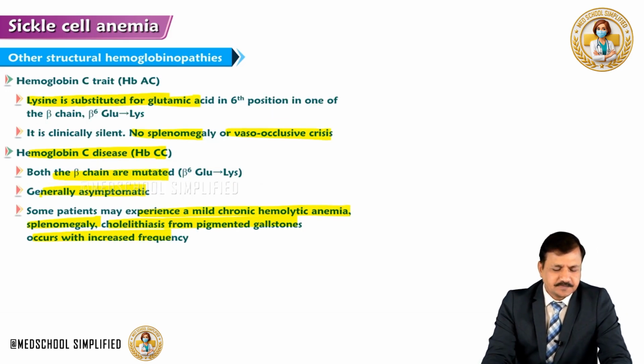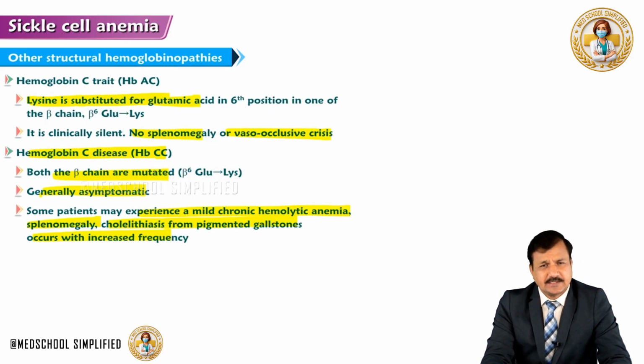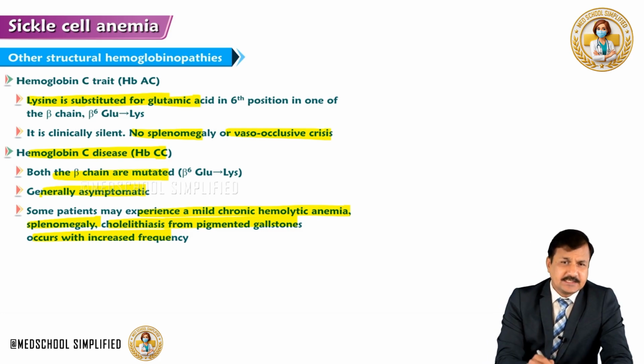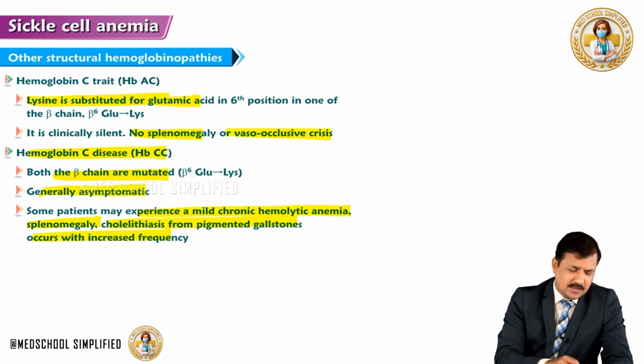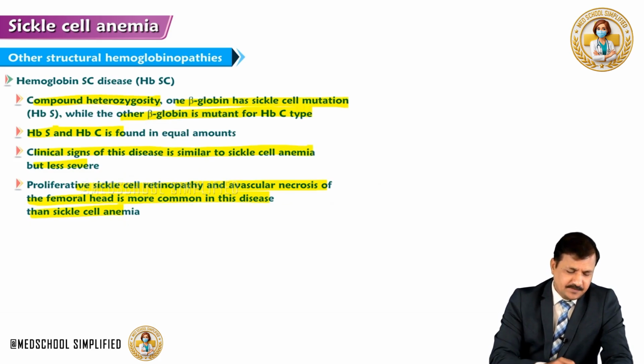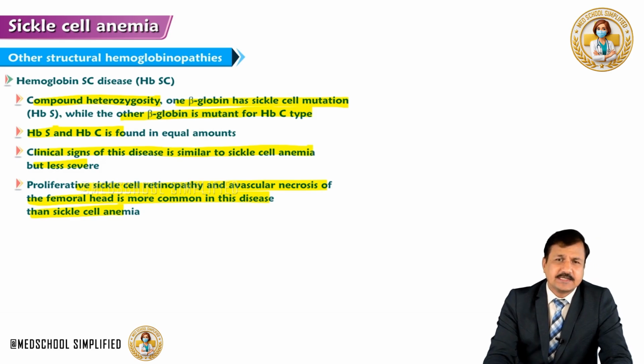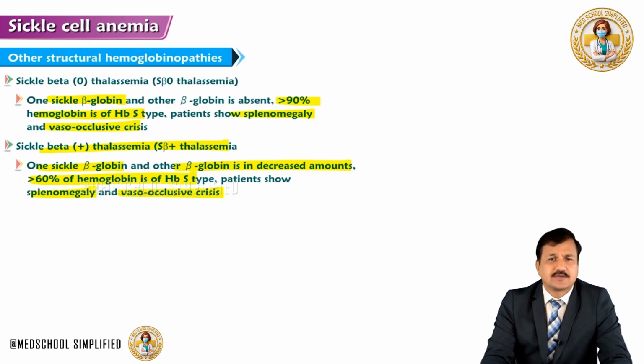So, we have seen hemoglobin C trait, hemoglobin C disease, where both the beta globins are of C type, and then we have seen hemoglobin SC disease, which is a compound heterozygote disorder, and also we have seen sickle beta 0 thalassemia and sickle beta plus thalassemia.